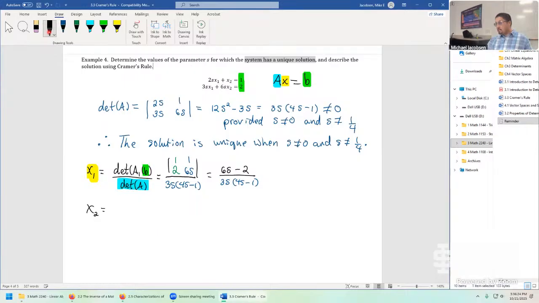Next is x2. For x2, we do the same kind of thing. Take determinant of now A2b, divide by determinant of A. Make those same substitutions. 3s times 4s minus 1 in the denominator. New determinant, we take places 1, 2 into column 2. It takes this from the original determinant, 2s and 3s.